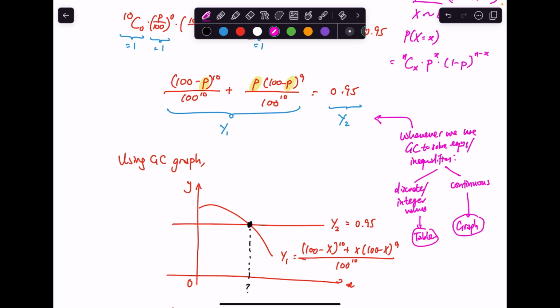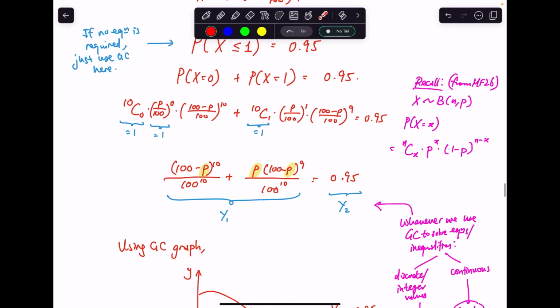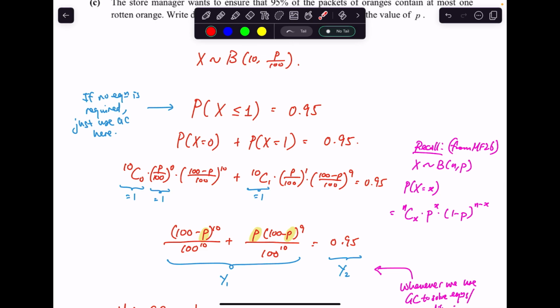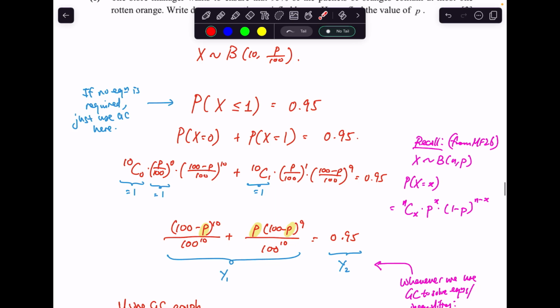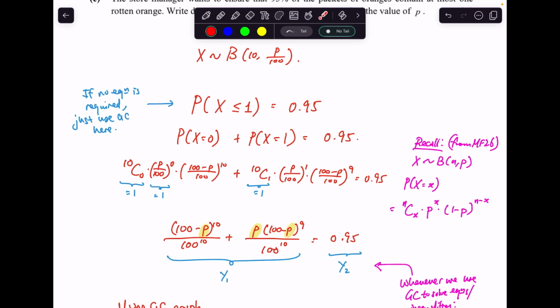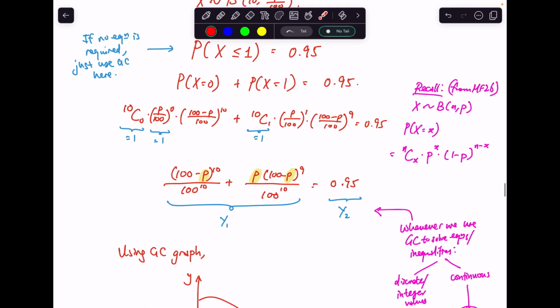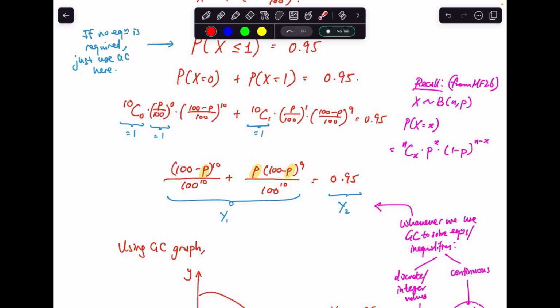For table, it will be things like, let's say, number of trials. That will be discrete, integer values. In that case, we should use table, because when we look at the table, the x value would be discrete, integer values, which means if I'm looking for an integer value, I can simply look for which row, which x value satisfies this equation.